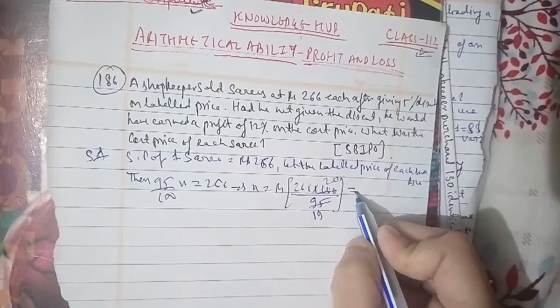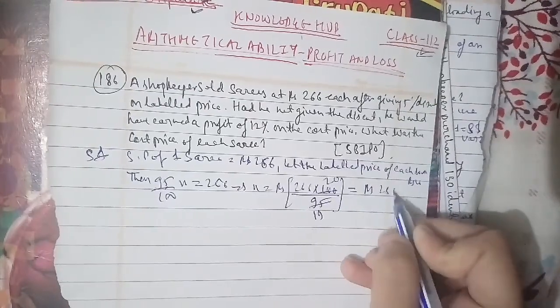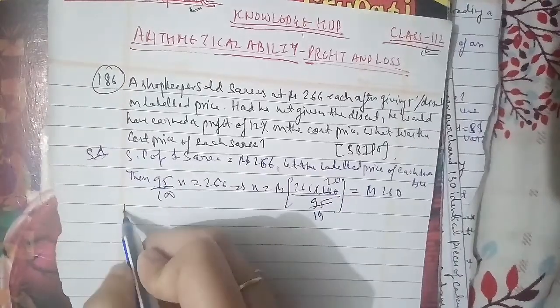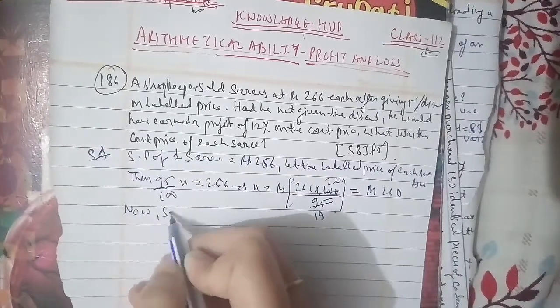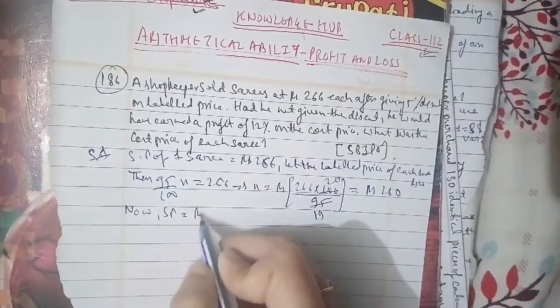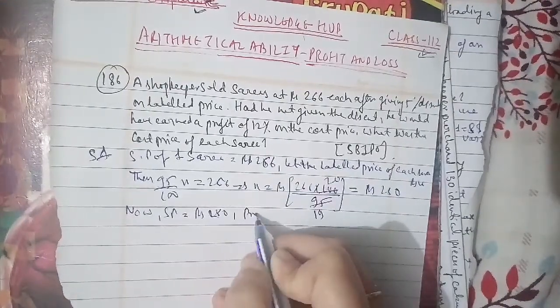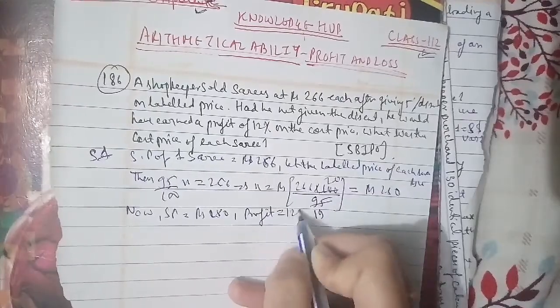your rupees 280. New SP equals, now SP equals rupees 280 and profit equals 12%.